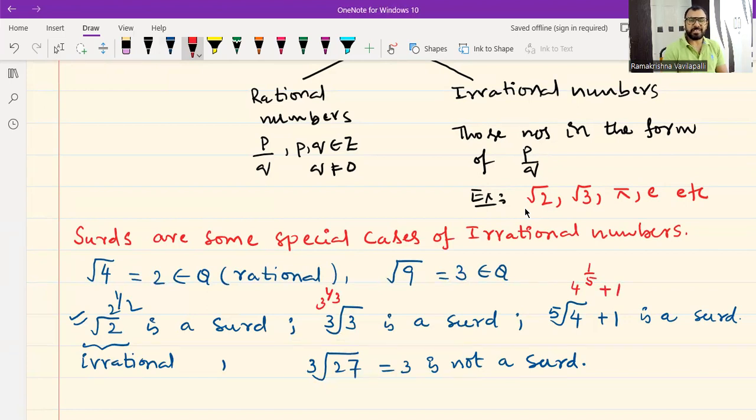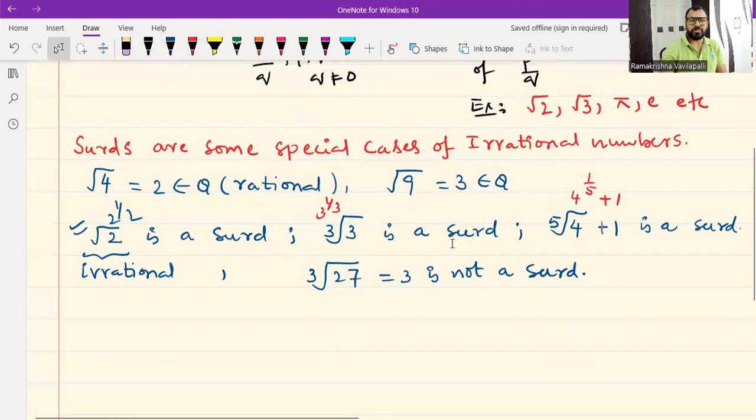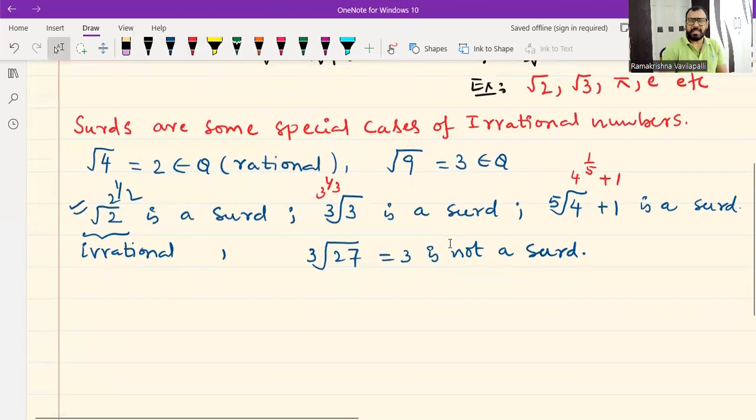So our surd must be in the form of a to the power of 1 by n, where a is a positive rational number.